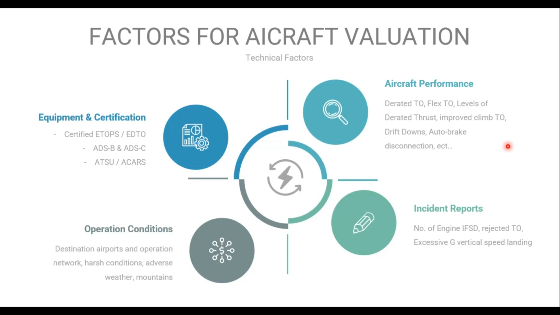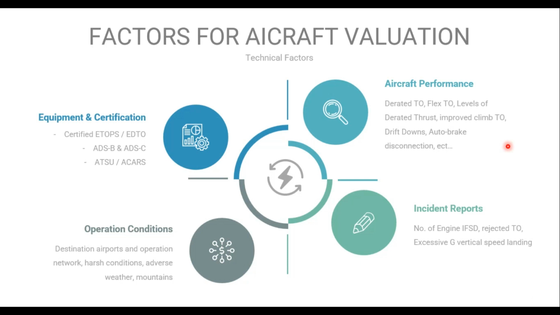If you don't understand what derated takeoff is, it is basically some techniques where we trick the aircraft to tell it that it needs to consume less fuel because the weight, for example, is less, or I don't have enough passengers, or something related to the airport runway, or some other stuff.